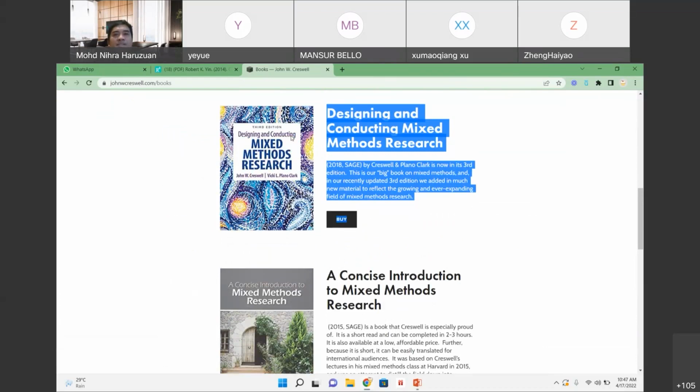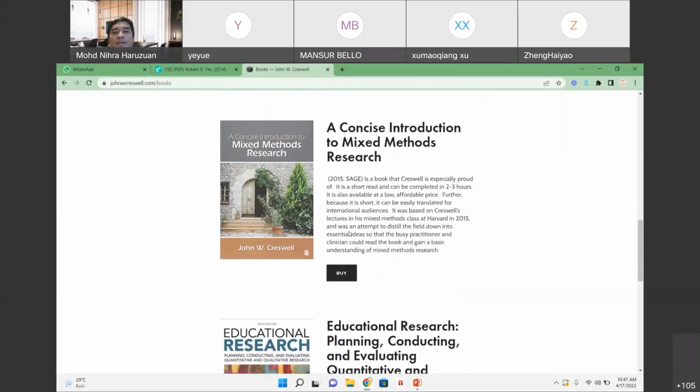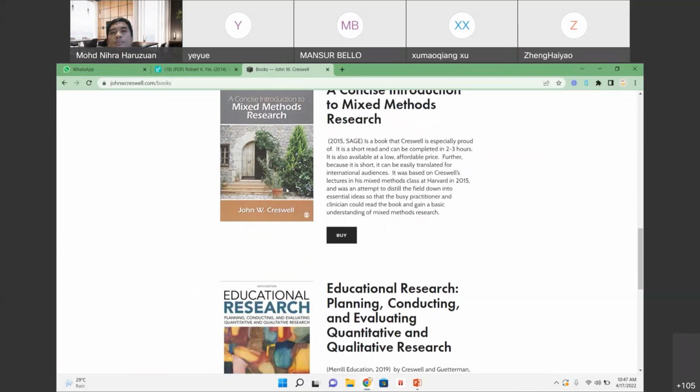If the examiner sees this does not adhere to the principles of mixed method, you might be in trouble. Maybe you have to correct your research methodology or design. Any more questions? Creswell is basically the modern author for mixed method.